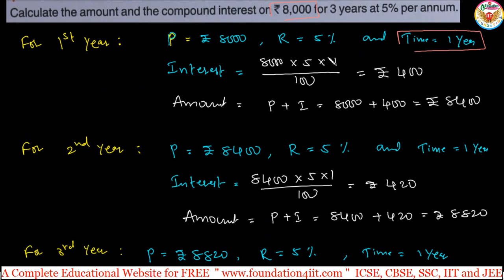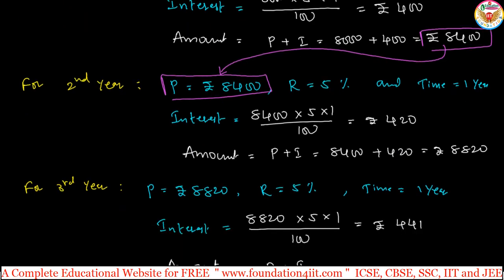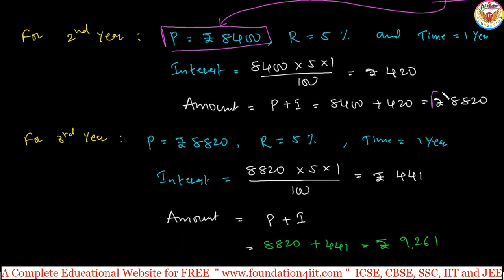Calculate the interest. That interest is added to the principal to get the amount for the first year. That amount becomes the second year principal. So here the first year amount is 8,400. That became the principal for the second year. It's matching. Same way, the second year amount comes as the third year principal.